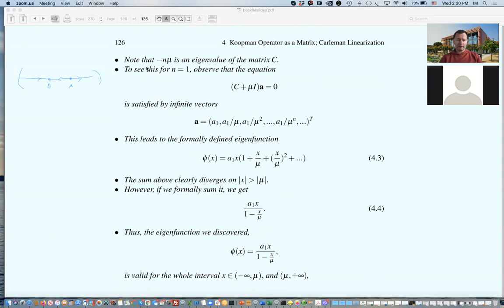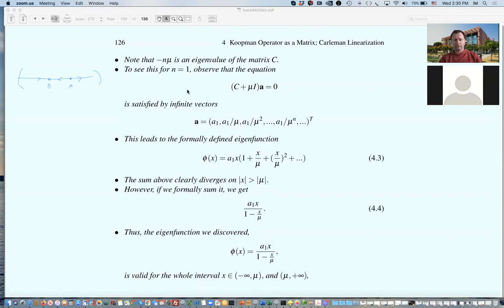So the claim is that minus n times mu, remember mu is the coefficient, it's a fixed parameter, is an eigenvalue of the matrix C, and therefore an eigenvalue of the Koopman generator, f dot grad.